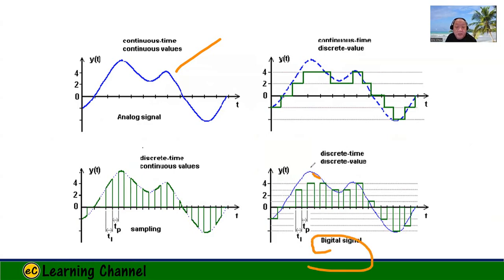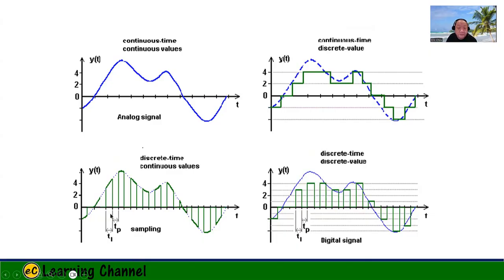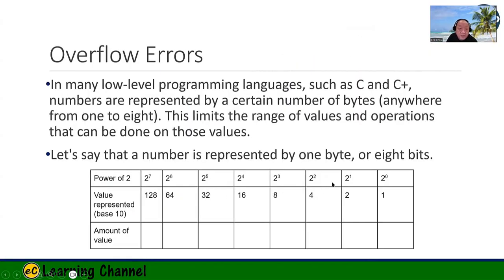So you may have discrete time, discrete value. You may have continuous time, discrete value. You may have discrete time, continuous value, different sampling mechanisms. But usually this we call analog. This one we call digital. Okay? Any question, let me know, okay?